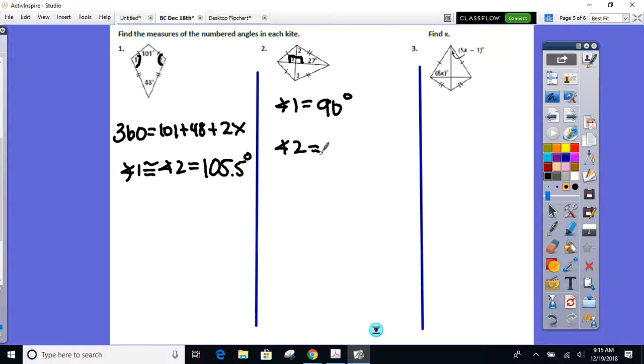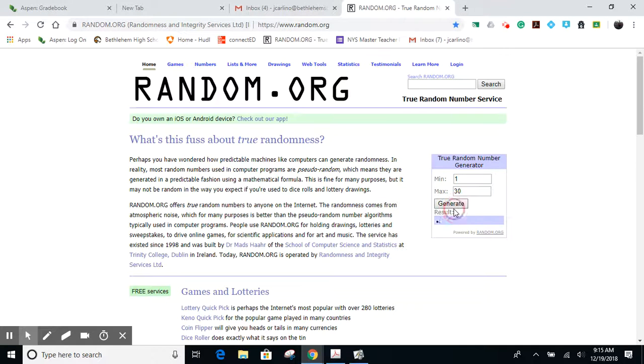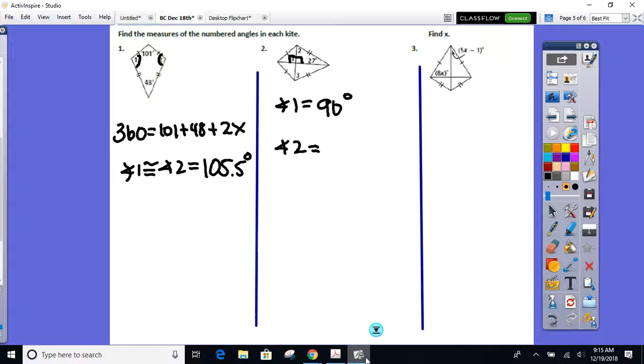And we should end up with what for angle 2? 63. All good. Now we just got angle 3 hanging out there.